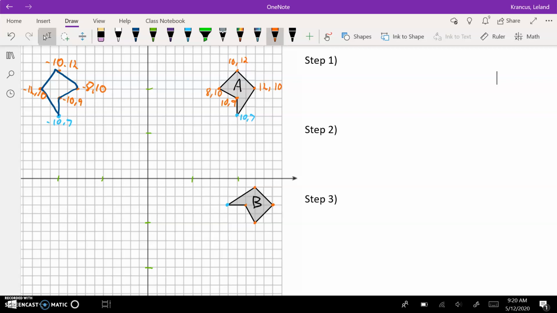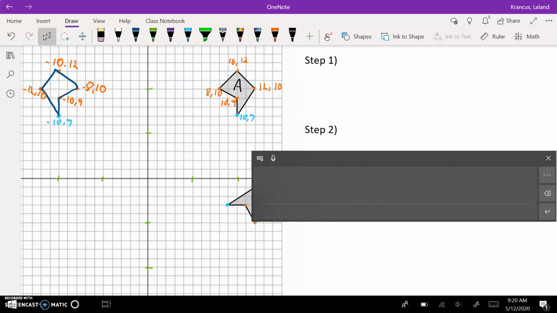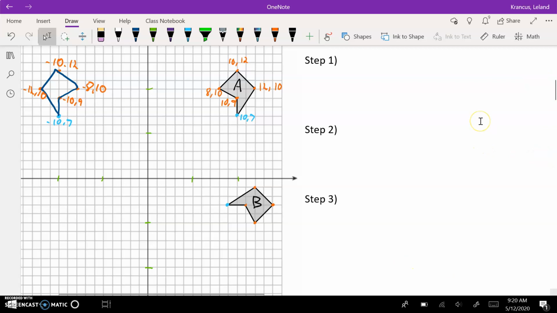So let's try that. So remember, when you do a 90-degree rotation, your X and your Y values swap places, and then the signs on your X, Y values match the quadrant it lands in. So if I move this shape 90 degrees clockwise, I'm going to rotate it around the origin because that just gives me the easiest rule to follow so I correctly rotate it.